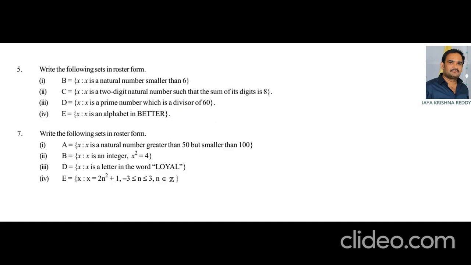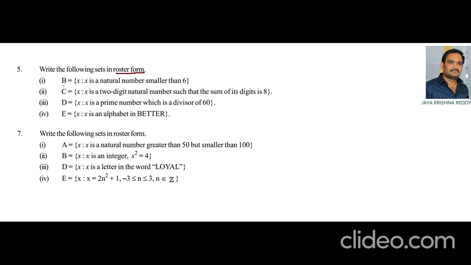Question number 5. Write the following sets in roster form. Means the given sets are in set builder form, means the common property is given here. You have to convert it into roster form, means we have to write the elements of the sets.